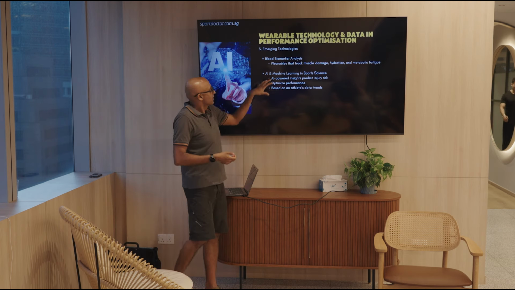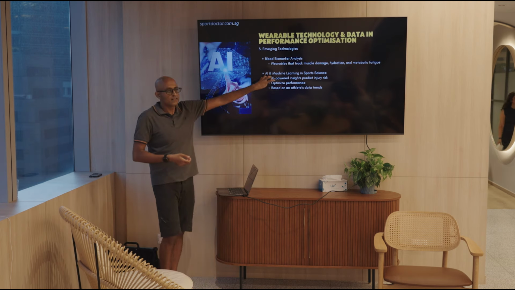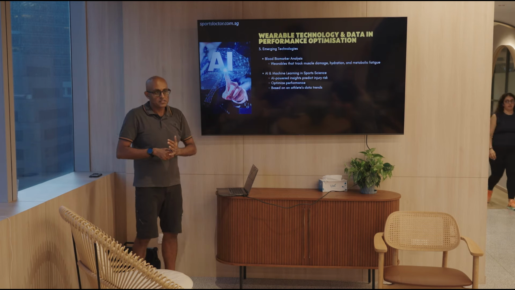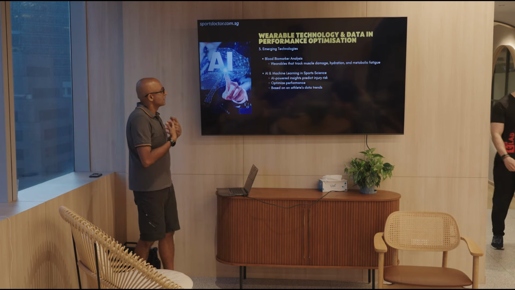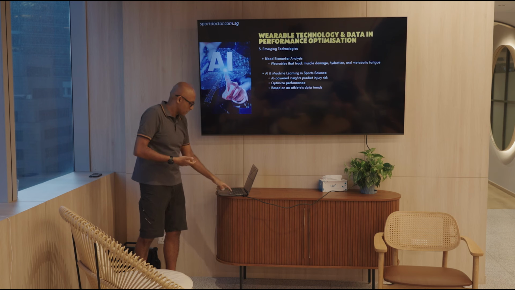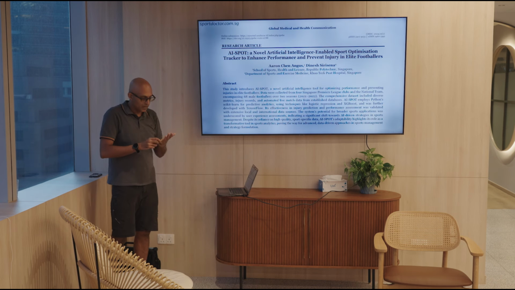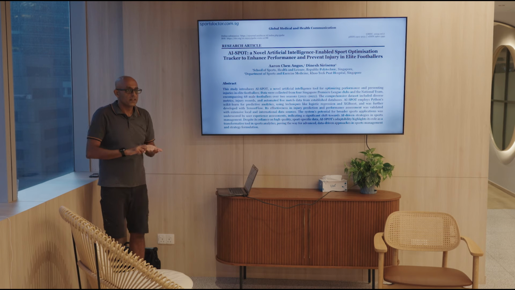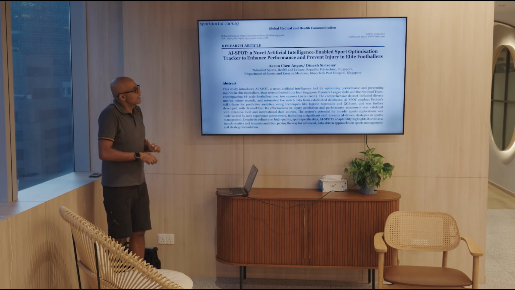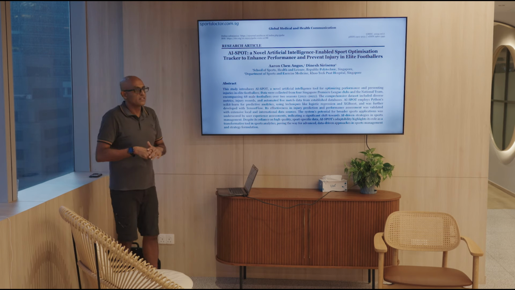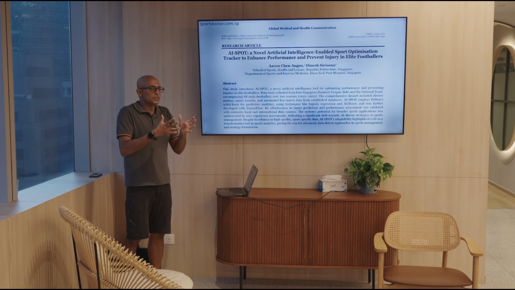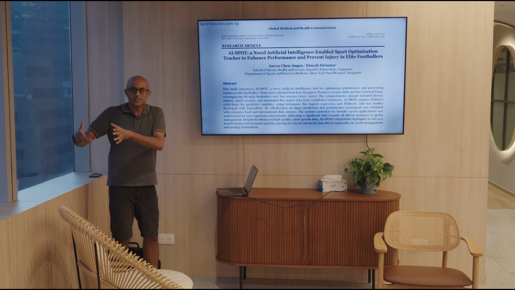To go with that, actually, there's a lot of AI and learning happening in sports and sports science now. Okay, and one of these things that we tried to do recently was look at it in footballers. So a colleague of mine from Republic Poly and I developed an AI model to look at injury in footballers.